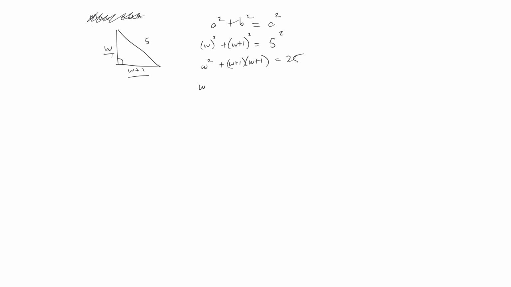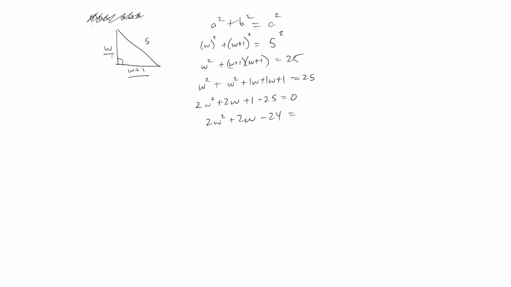So this will be w squared plus w squared plus 1w plus another w plus 1. And then if I collect like terms, I'm going to get 2w squared plus 2w plus 1, and then I bring the 25 over. And then let's subtract that.